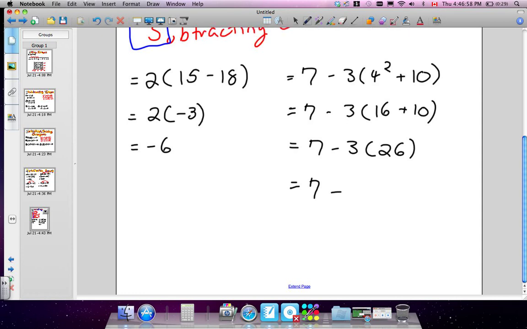So we're going to have negative, and what is 3 times 26? 78. Yeah, good. So now what we have is 7 subtract 78. What is our final answer going to be in this case then? Negative 71. Very good. Does that make sense? Yeah. All right, give those other ones a try.